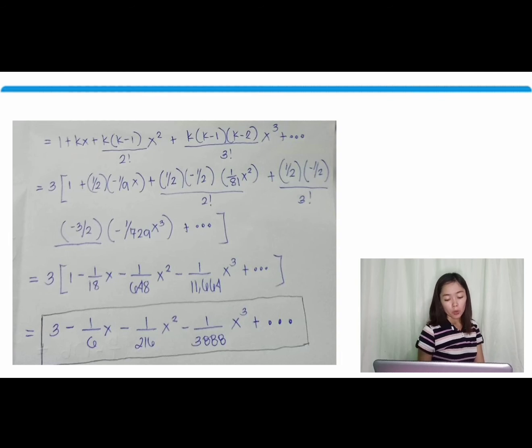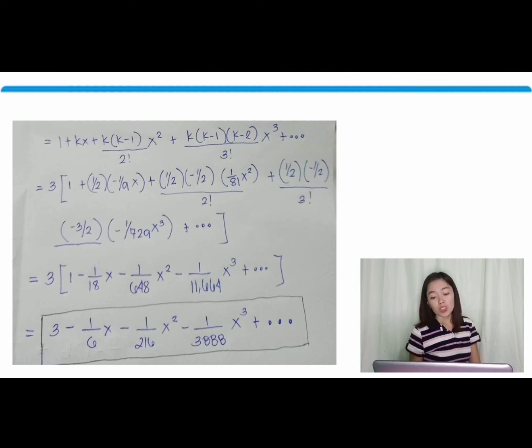We have 1 - 1/18 x - 1/648 x^2 - 1/11,664 x^3 + dot dot dot. And multiply it by 3. We have 3 - 1/6 x - 1/216 x^2 - 1/3,888 x^3 + dot dot dot.